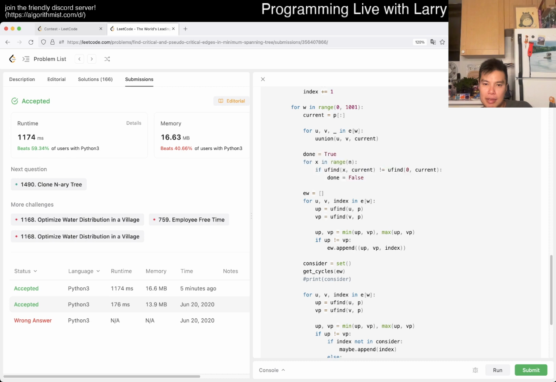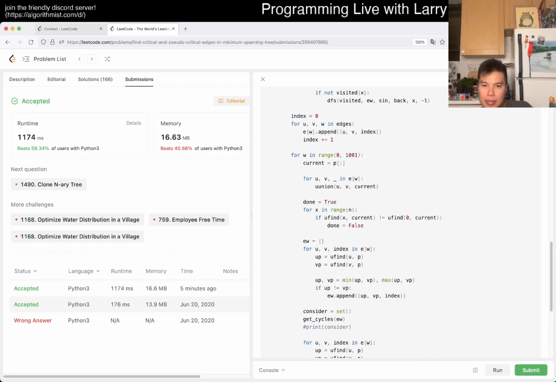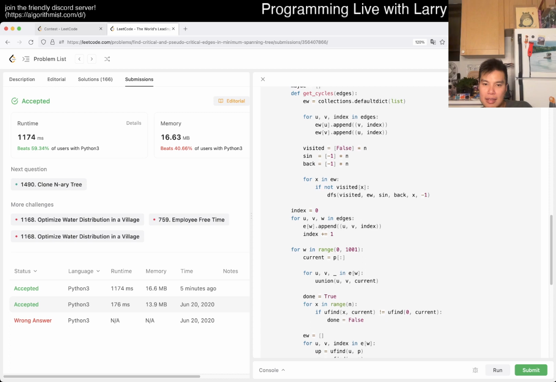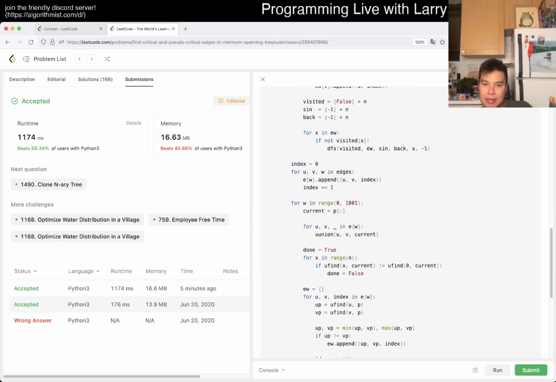Okay, so these variable names. Oh, these are the edge weights of the current edge, right? What is P? Oh, I see.